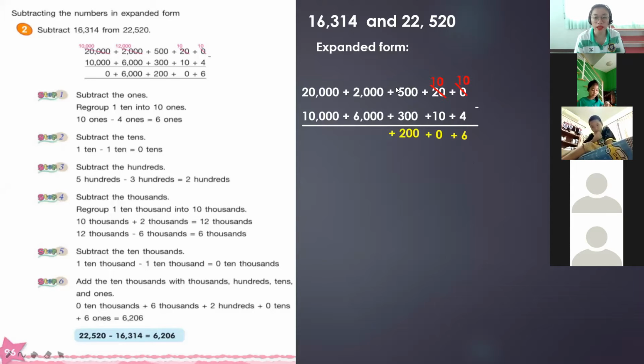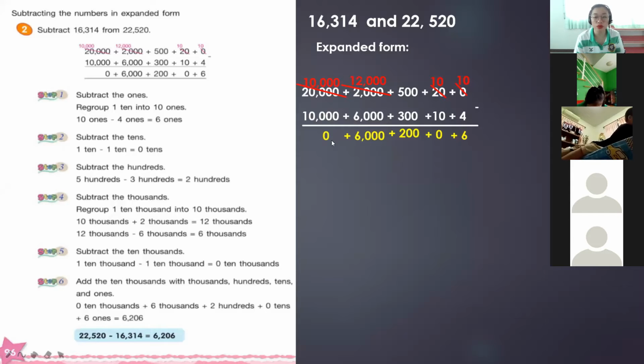In the thousands place, we can see here 2,000 is smaller than 6,000. So we're going to borrow from 20,000. So 20,000 will become 10,000, and 2,000 will become 12,000, so that we can subtract them together. 12,000 minus 6,000 is equal to 6,000, and 10,000 minus 10,000 is equal to 0.